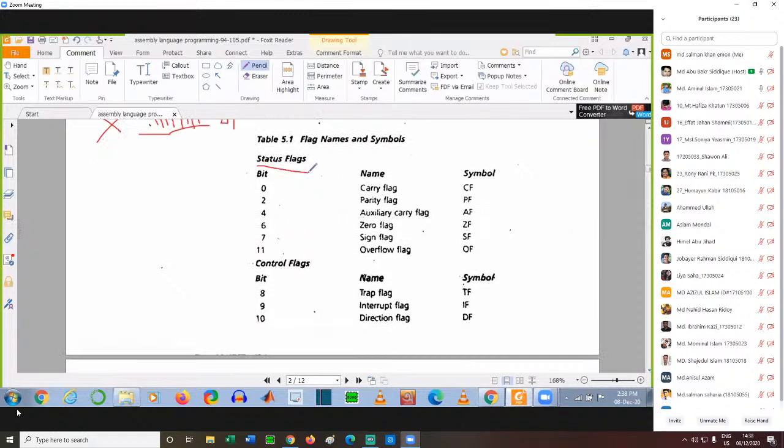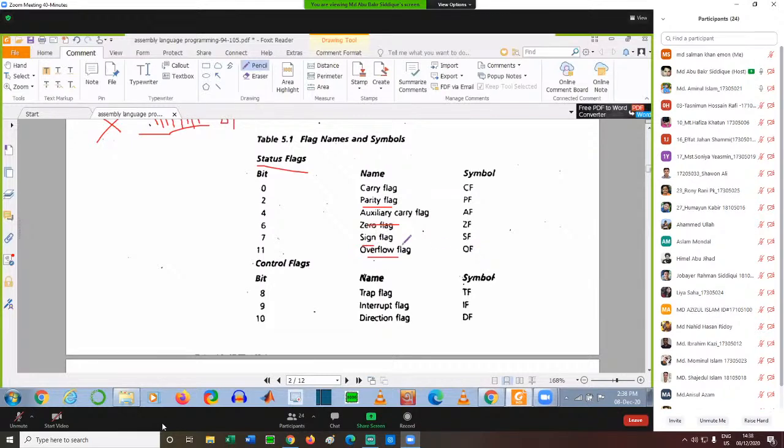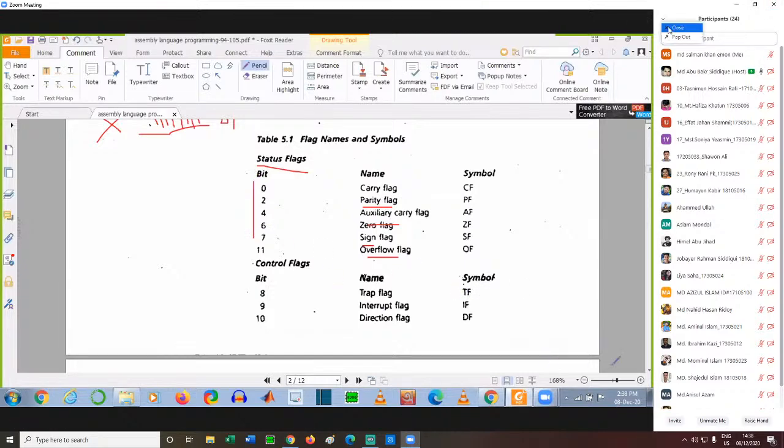There are 6 status flags: carry flag, parity flag, auxiliary carry flag (AF), zero flag (ZF), sign flag (SF), and overflow flag (OF). And these are the control flags. The bit numbers are also given here: trap flag, interrupt flag, and direction flag. So this is the control flags.